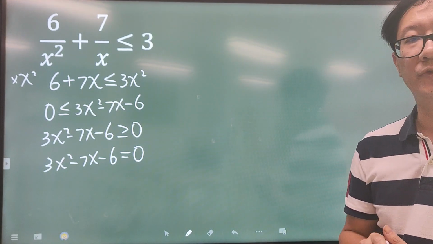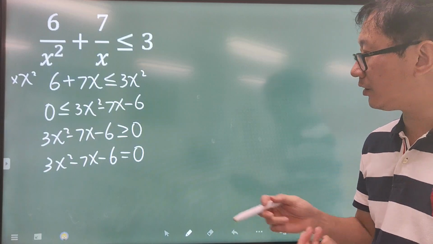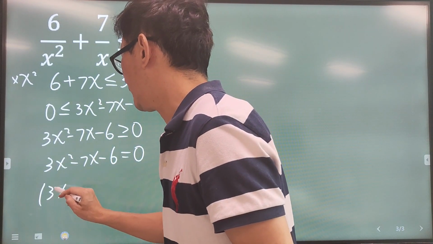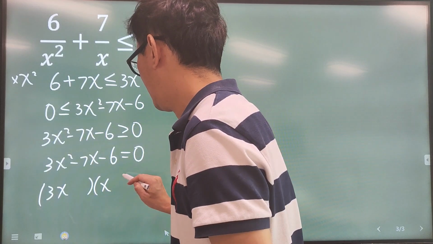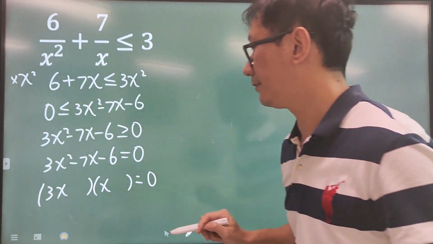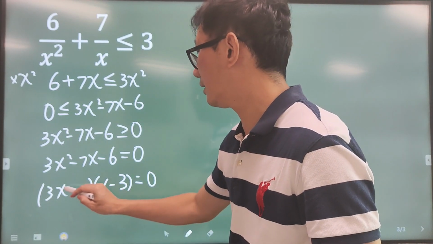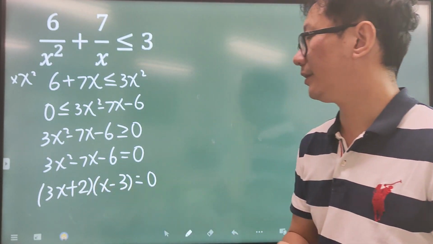Let's go ahead and solve this by any means. Here I will just use factorization. So 3x and x here, I have minus 3 here, plus 2 here.